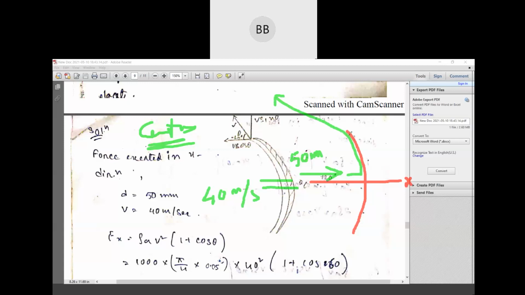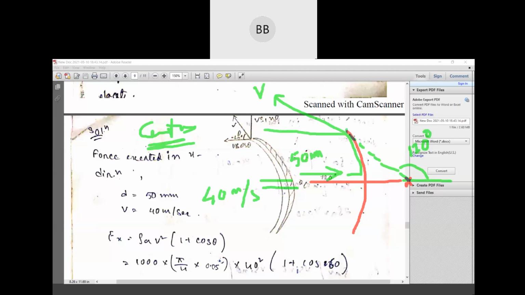Deflection angle is nothing but, as this is your x-axis, this is your 120 degree. That is your deflection angle. That means this jet of water strikes and gets deflected by an angle of 120 degree from the x-axis. So this is again velocity v.